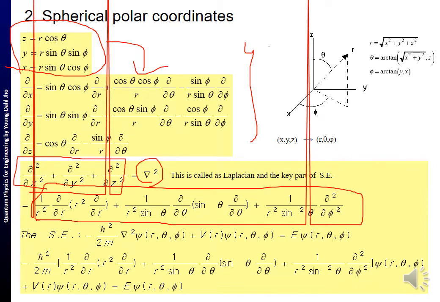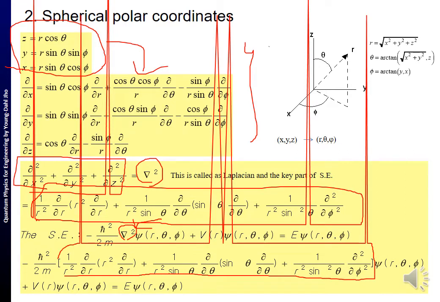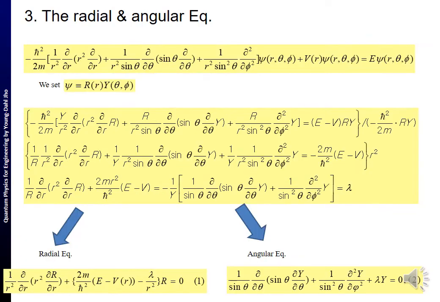We put this into the Schrödinger equation. The previous Schrödinger equation has the Laplacian part, and it is replaced by this r, theta, phi representation. So we just accept this instead of calculating. So this is the Schrödinger equation in spherical coordinates.